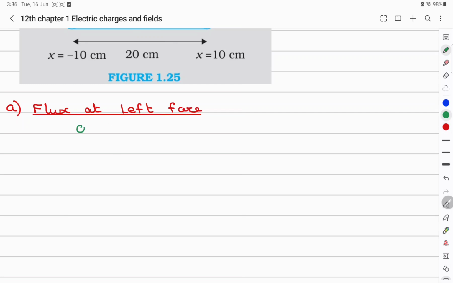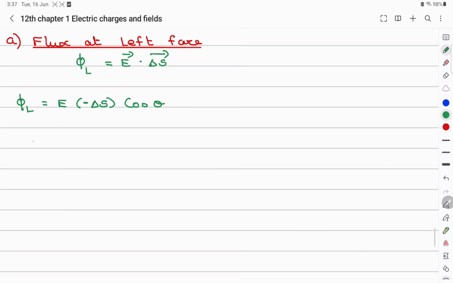First we are going to find the flux at the left face. Flux along the left face, phi of L, is equal to E vector dot del S vector, where del S is the area vector. Since it is the left face, del S is written as minus del S cos theta. So phi of L is equal to minus 200 into minus pi into 5 into 10 to the power of minus 2, squared, into cos theta.